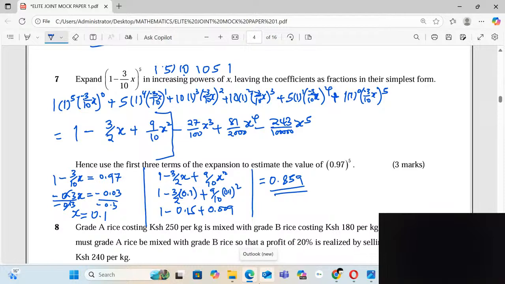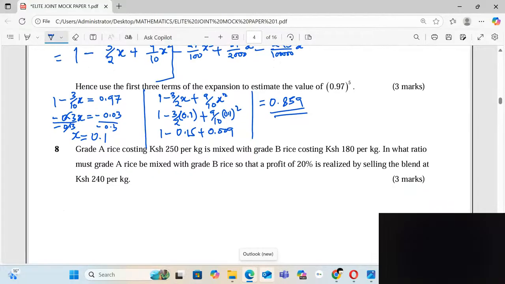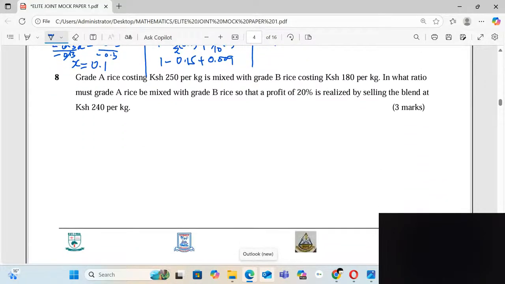Now we can move to question number 8. Question number 8. They're saying grade A rice costing 250 shillings per kilogram is mixed with grade B rice that cost 180 per kg.